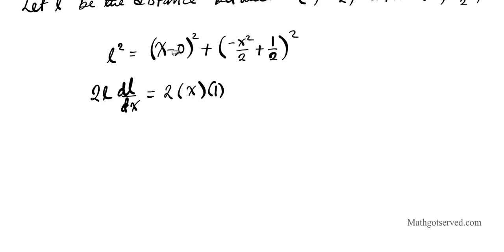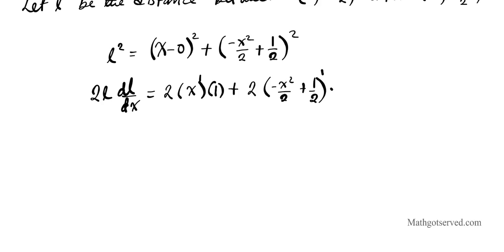And if you differentiate 0, it's a constant, so that goes away. Plus, using the chain rule again, 2 times negative x squared over 2 plus 1 half, and then 2 minus 1 is just 1. We didn't do that there, but you have a 1 here, and you also have a 1 here.